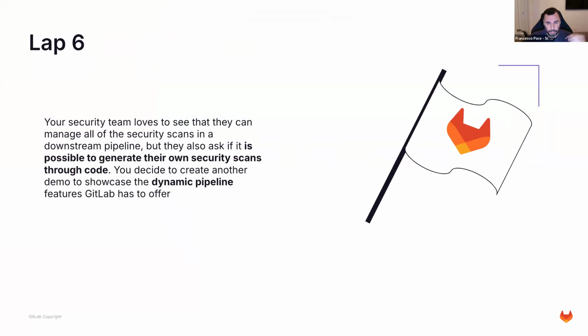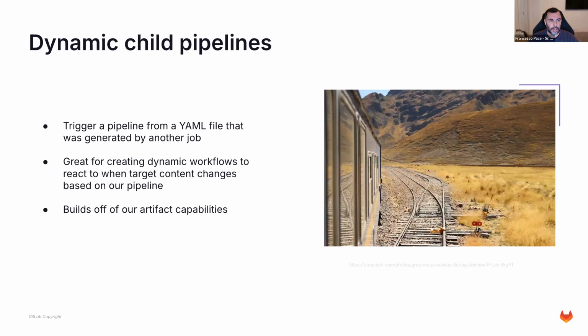So we can sum up all the results of the pipeline and use some scripts to create a new pipeline, save this pipeline in a file, store the file as an artifact, and then in another job, use this artifact as a child pipeline. This is what we will do in this exercise.